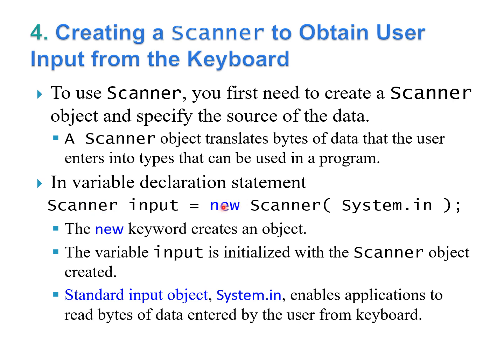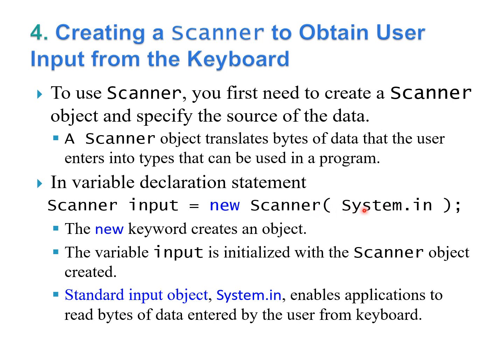The new keyword in the right-hand side expression of this equal sign creates an object. The expression after new is the type of object being created. In this case, it is a Scanner object. The variable input is then initialized with the Scanner object created.